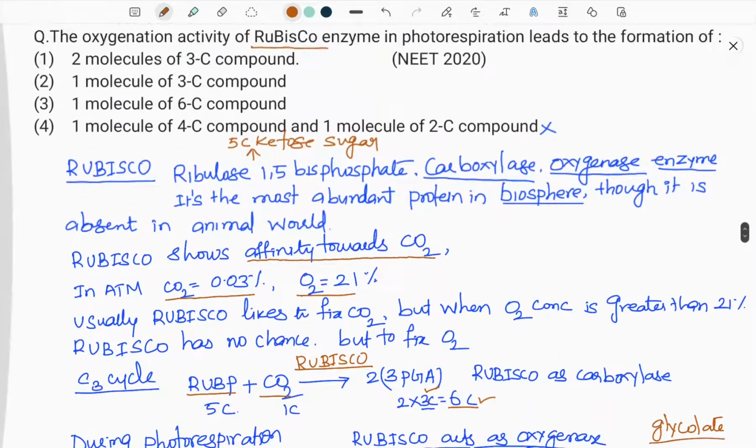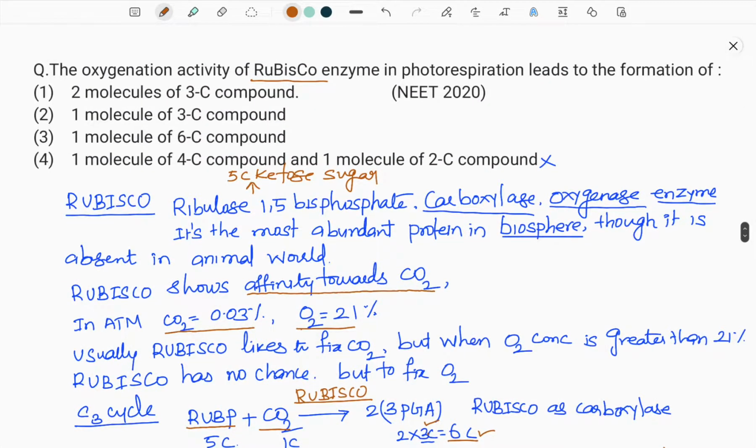Yes, this is the question. Now, let us have a look at the question. The oxygenation activity of Rubisco enzyme in photorespiration leads to formation of. Yes, I write once again here. One is 3-PGA, this is glycerate, phosphoglyceric acid.